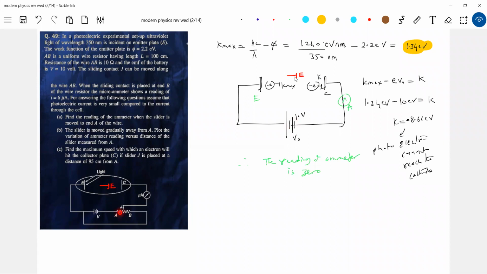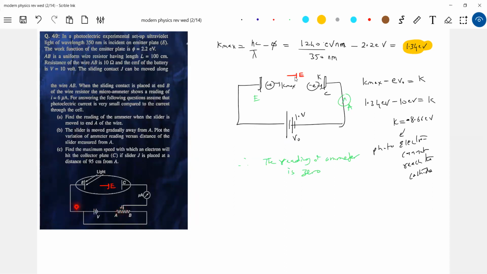So here what it is telling is, this is like a potential divider you can take. This will be 10 volt only, I can't change this one. As I move this, when the jockey is here, how much 10 volt will drop here. Now as I start moving, a current will flow. When the drop across this becomes equal to 1.3 volt, then only current will flow here.